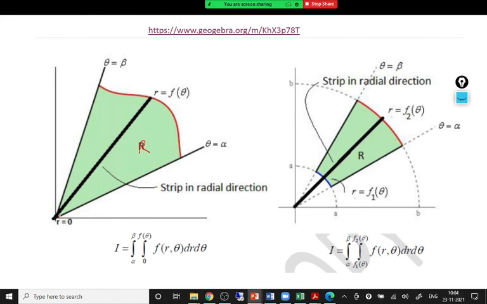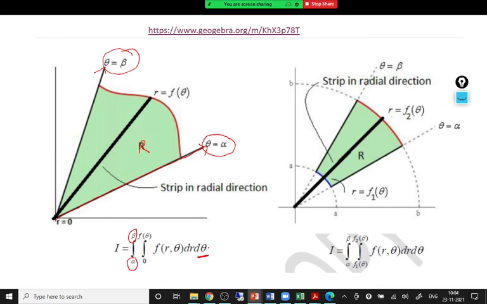First we should have the minimum theta and maximum theta over the region. So minimum theta is alpha. The region starts at theta equal to alpha and ends at theta equal to beta. So alpha to beta are the limits of theta, the minimum to maximum value of theta. That is the outer limits.